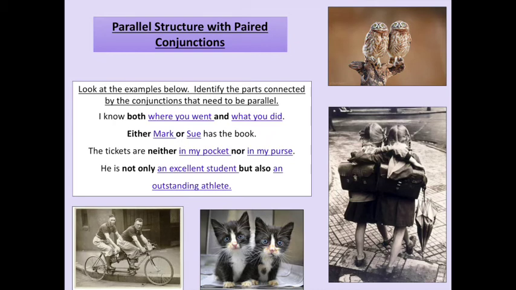All of these sentences have parallel structure. Do you see how the parts on both sides of the paired conjunctions are parallel with the same grammatical structure?